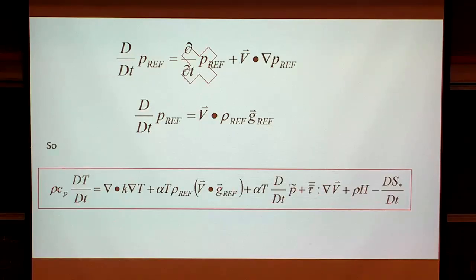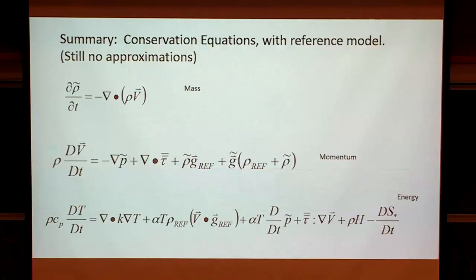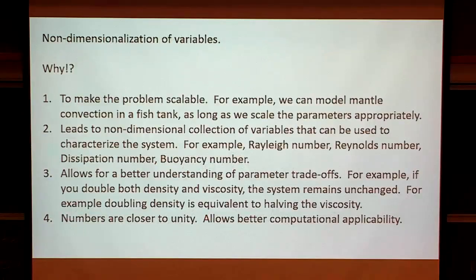We just modified our equations a little bit. We didn't really change anything, but we changed how we view it by introducing those reference models. So in summary, here are the conservation equations, still no approximations, with a reference model included. Basically, all of the things that are new are these perturbation terms with little tildes on top.